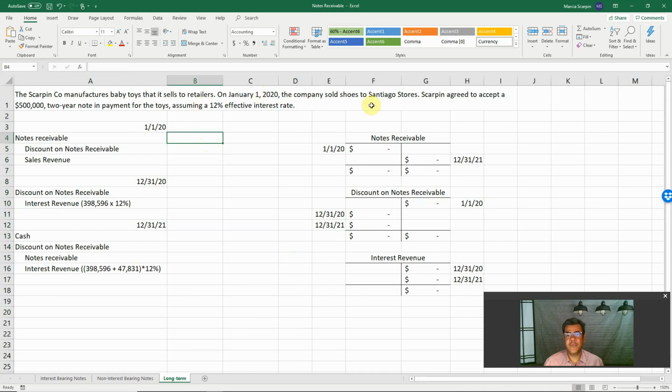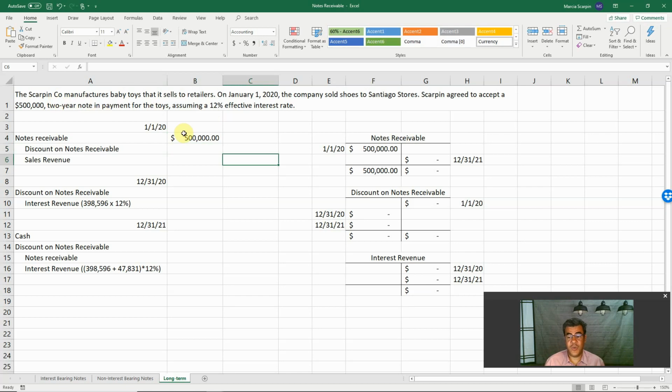January 1st, 2020, Scarpy agreed to accept a 500,000 two-year note in payment for the toys, assuming a 12% effective interest rate. So we have a 2-year note here. So our notes receivable will be $500,000. What about the sales revenue?